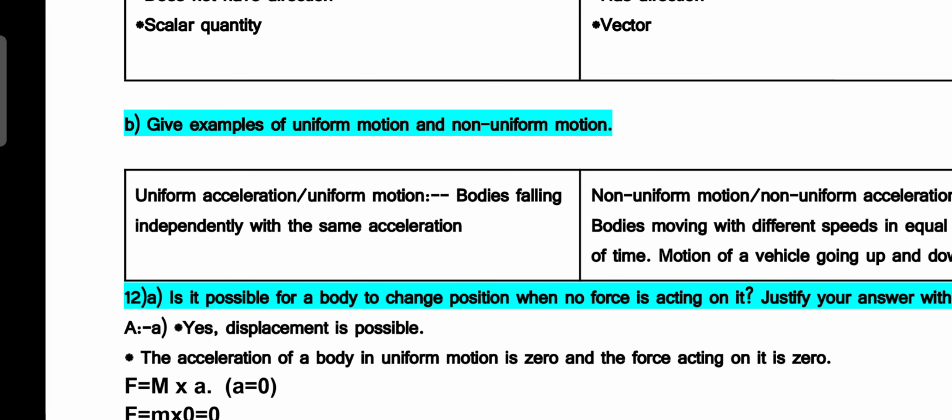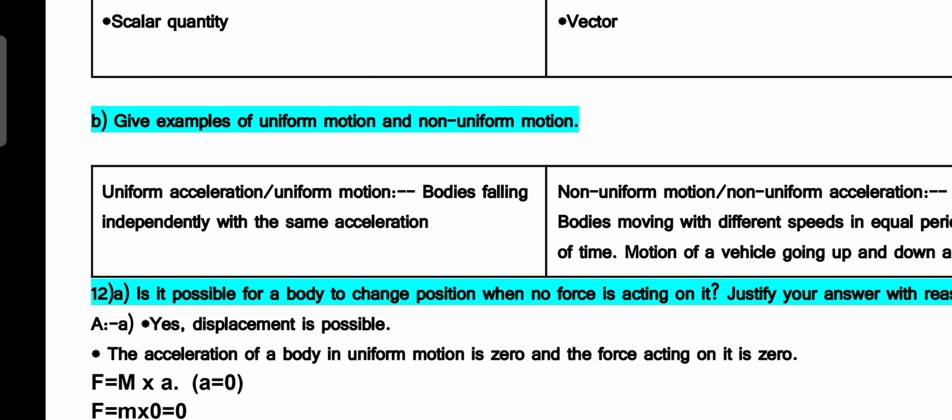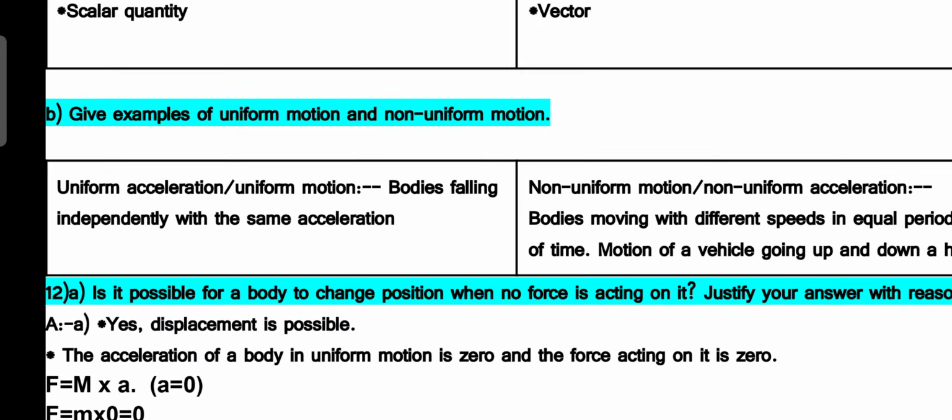Give the examples of uniform motion and non-uniform motion. The uniform acceleration or uniform motion is nothing but covering the same distance in equal intervals of time. The bodies which fall from a height freely experience the same acceleration. It's called uniform acceleration.